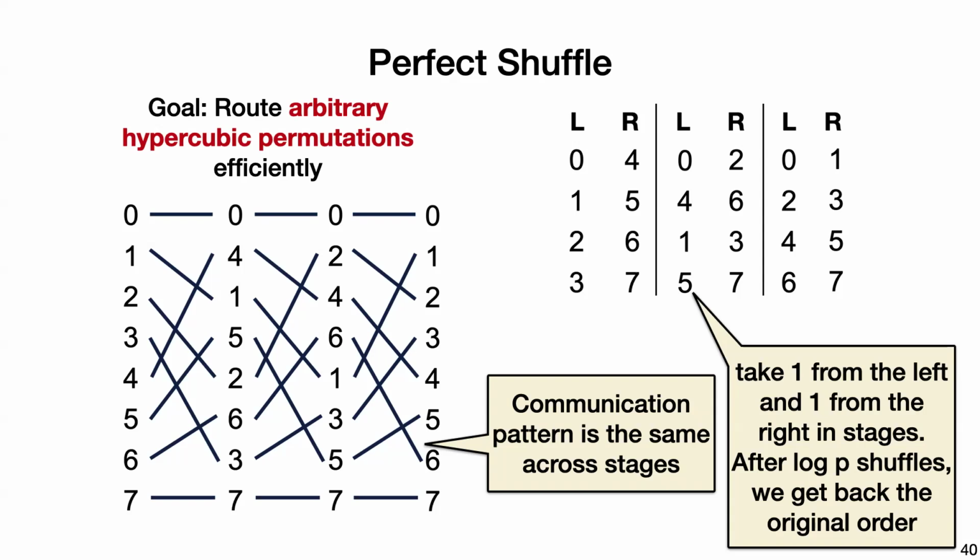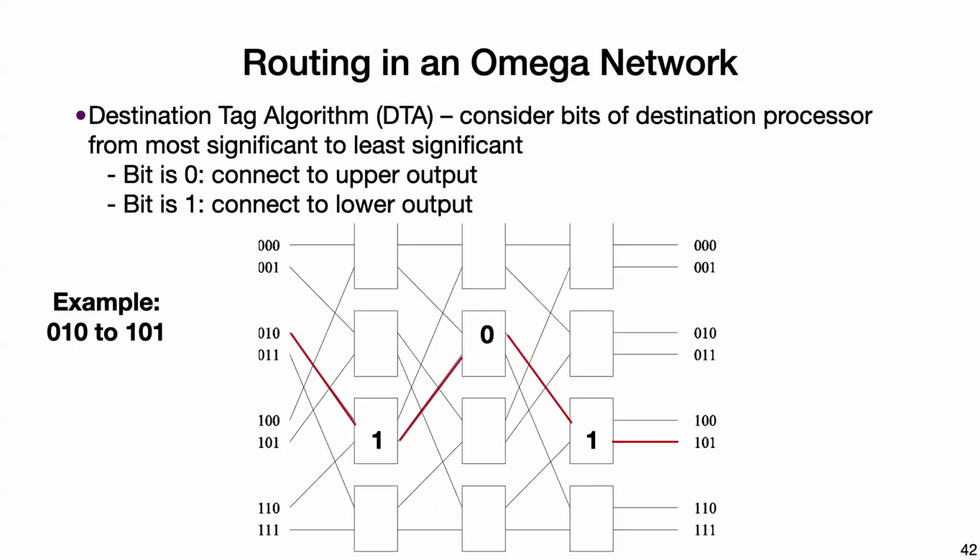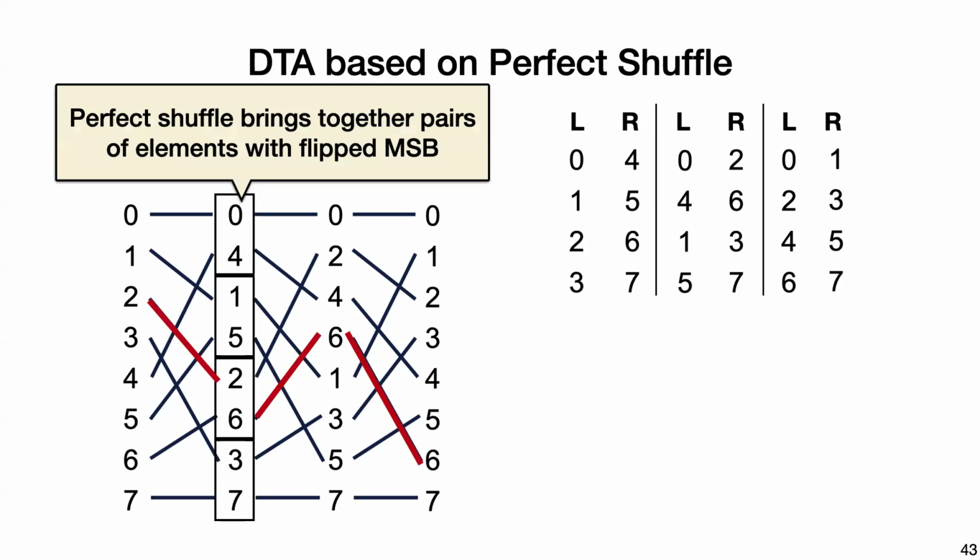The bottom one is the one that has 1 in the flipped bit, and the top one is the one that has 0 in the flipped bit. And so that's why this destination tag routing works, because the top is 0 and the bottom is 1. This is basically what I was saying.